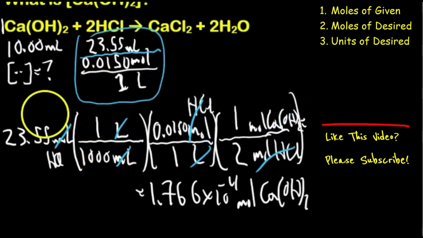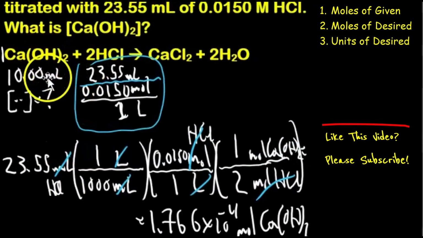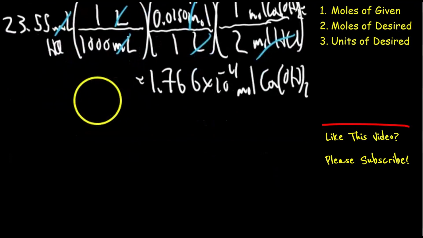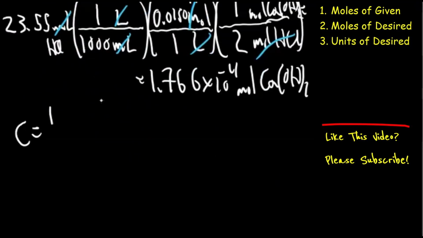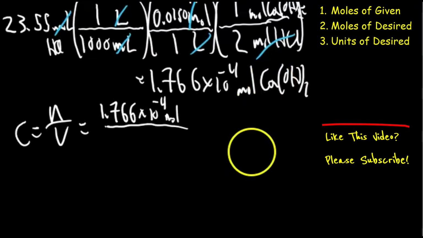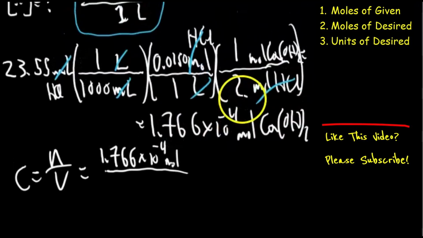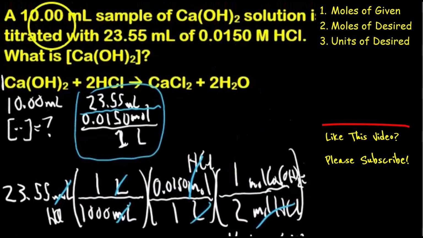Now, to get our units, we can do another conversion factor, or you can just use the formula C equals n over V to get the concentration. We know that there's this many moles, 1.766 times 10 to the negative 4 moles. And what's the volume in this many moles? Well, it's a 10 ml sample.